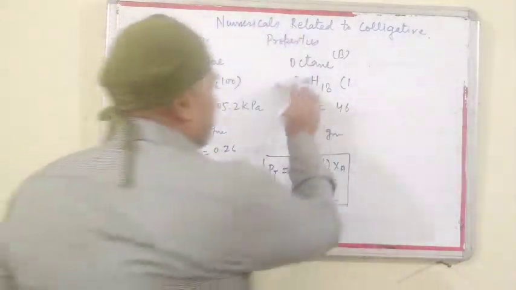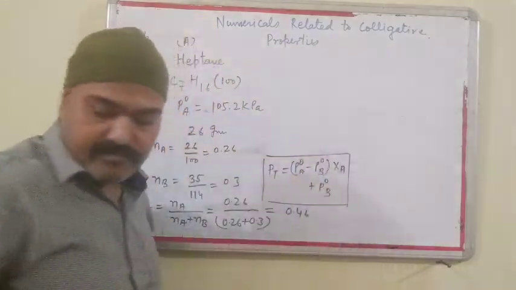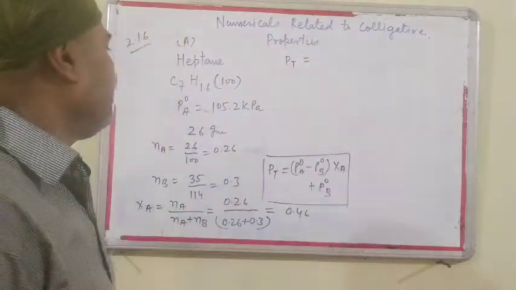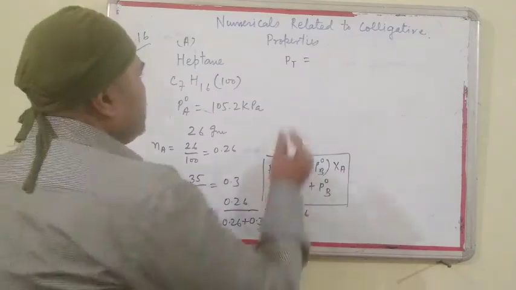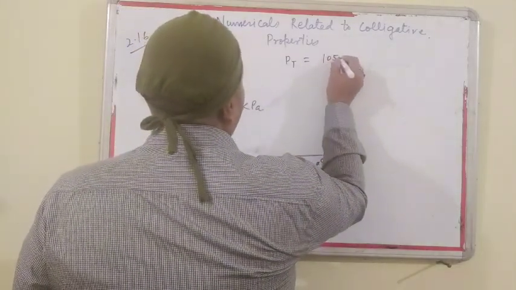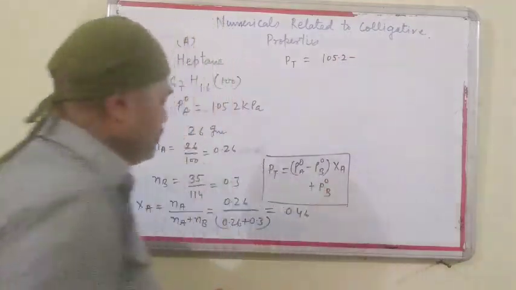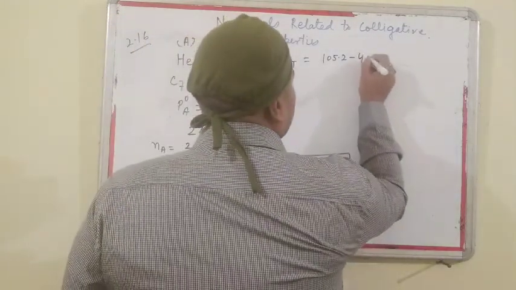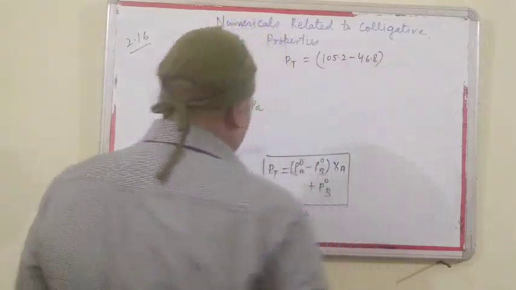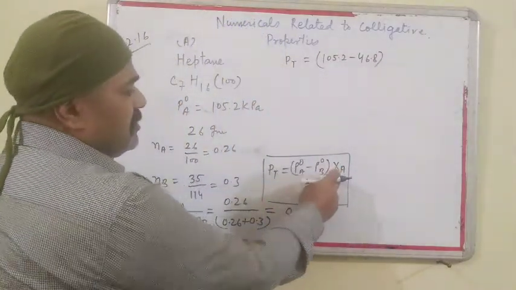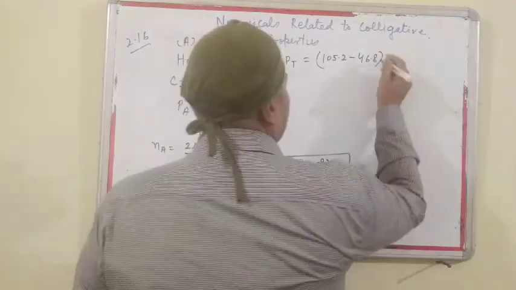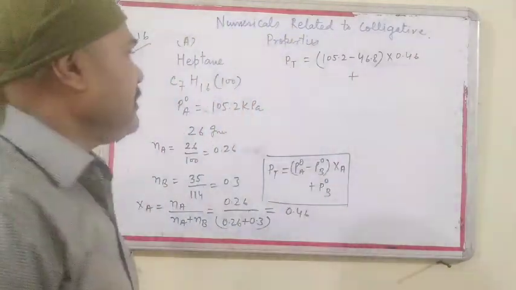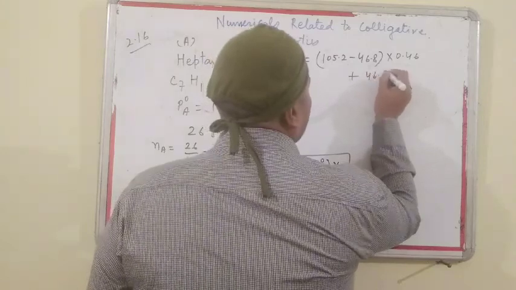PT equals P0A minus P0B, multiplied by the mole fraction of liquid A. P0A is 105.2 minus P0B, which is given 46.8, multiplied by 0.46, plus P0B, 46.8.